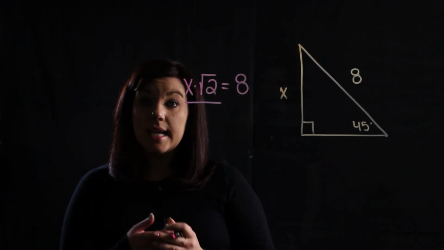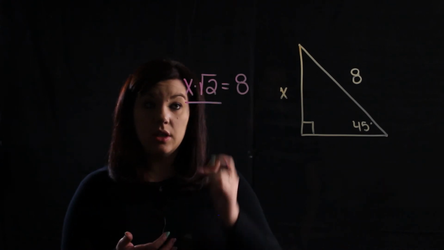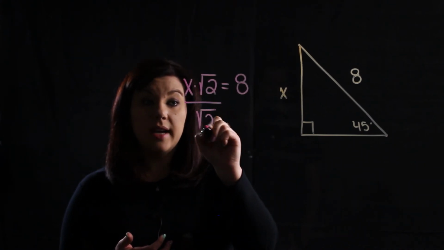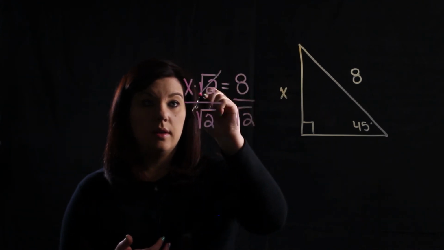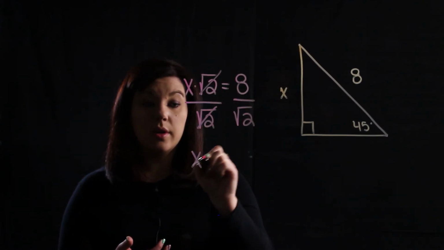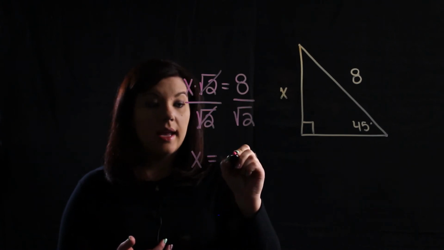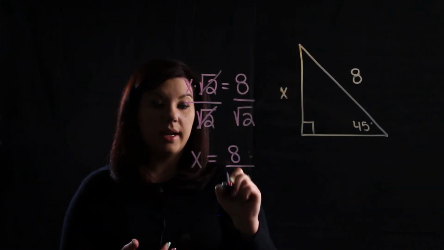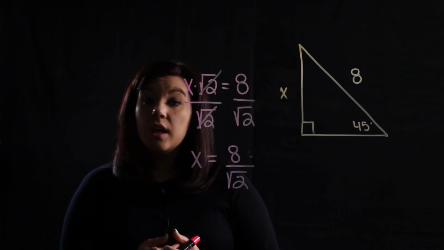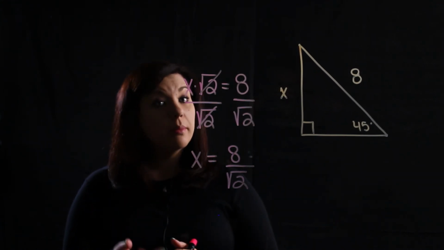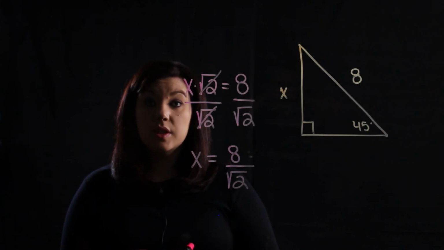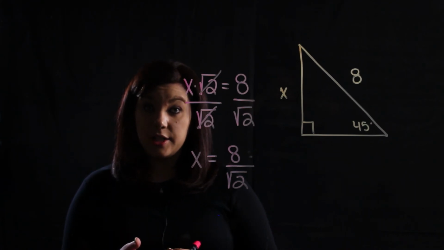So since x is connected to the square root of 2 with multiplication, we will undo that by dividing both sides by the square root of 2. That leaves x alone on one side, which is what we want. And now we have 8 divided by the square root of 2. The only thing we have to do now is we need to rationalize that, because remember, we're never allowed to leave a square root in the denominator of a fraction.